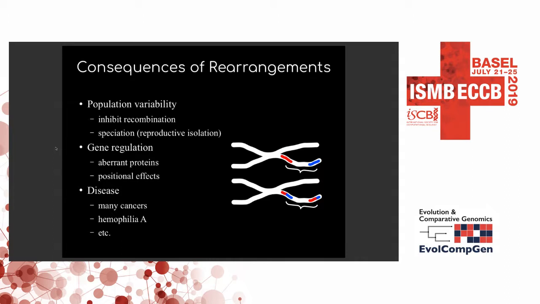It's called reproductive isolation. So we have a bunch of members of the population who can only reproduce with each other. Gene regulation problems can happen. Let's say a breakpoint occurs within a gene. This can cause a lot of problems, and serious disease can be the result.